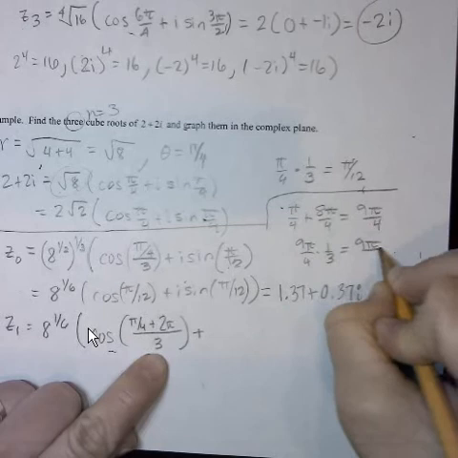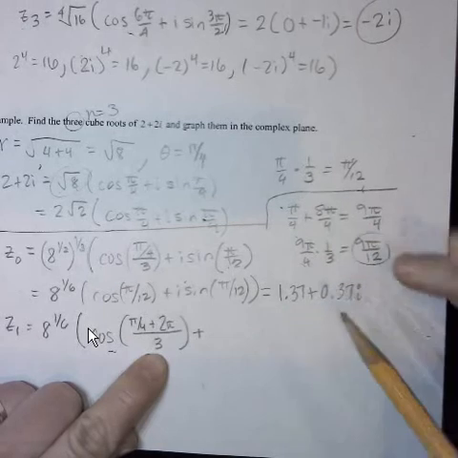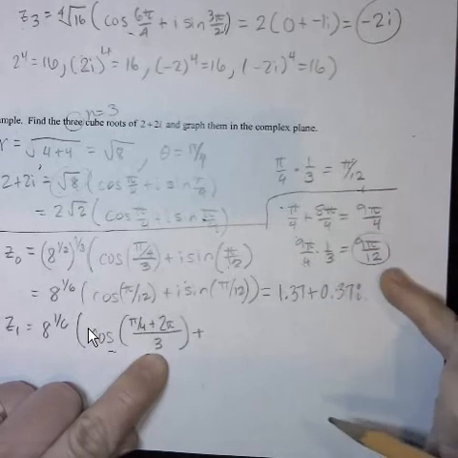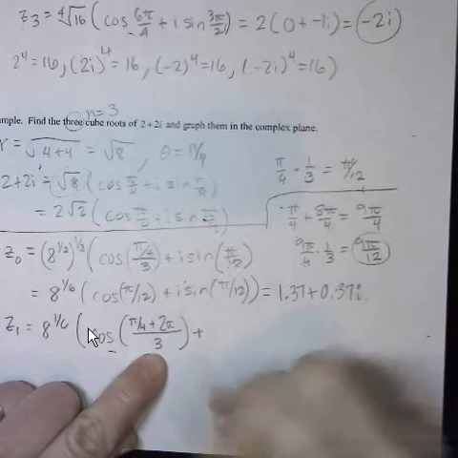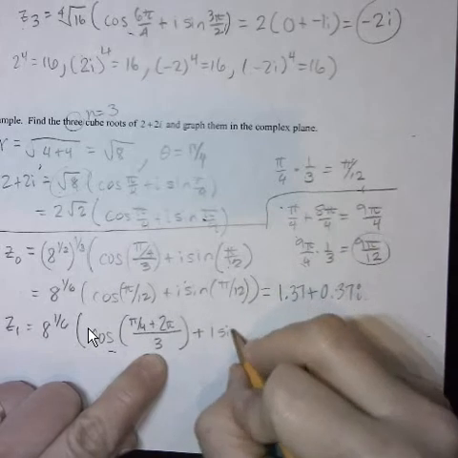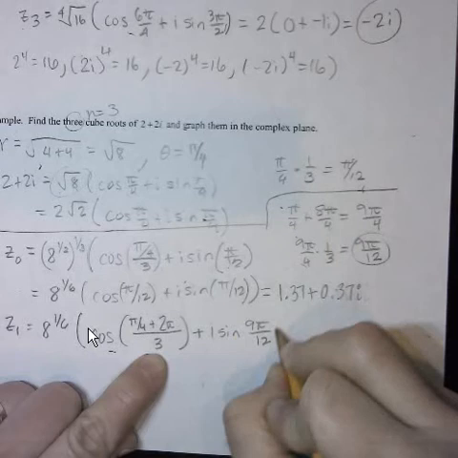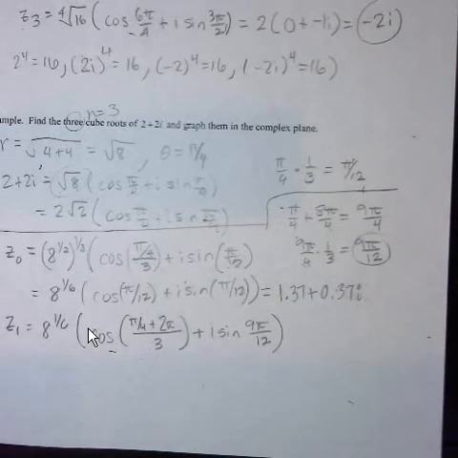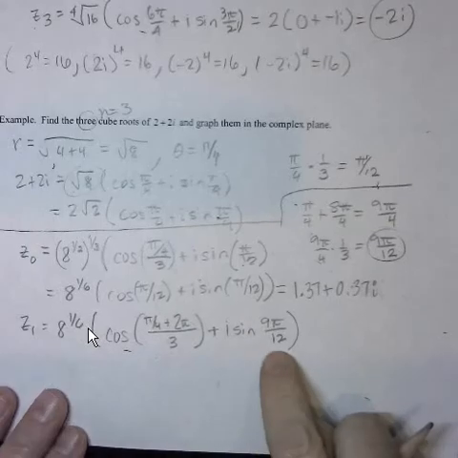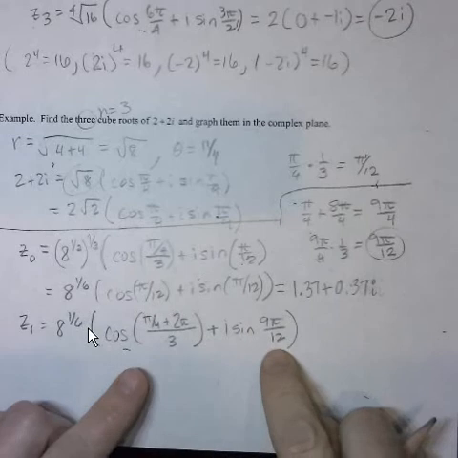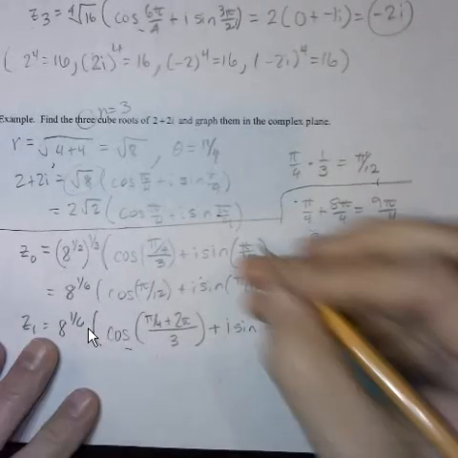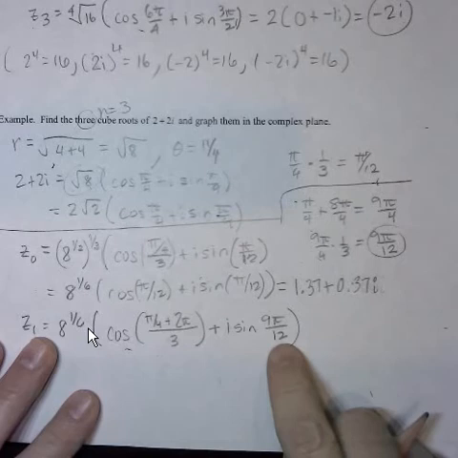So the answer, again, is never going to be bigger than 2 pi once you do your division. So now you've got i sine of 9 pi over 12. Oh, that reduces to 3 pi over 4, doesn't it?